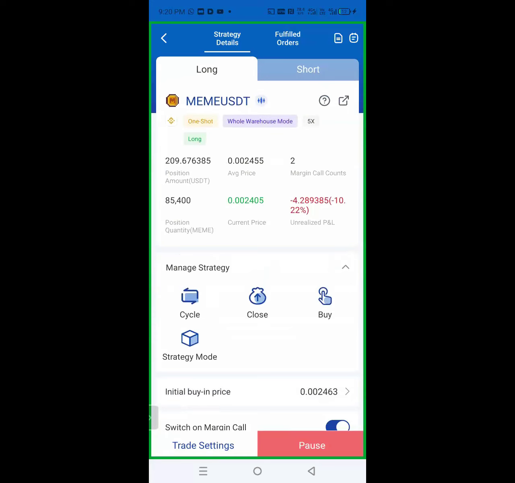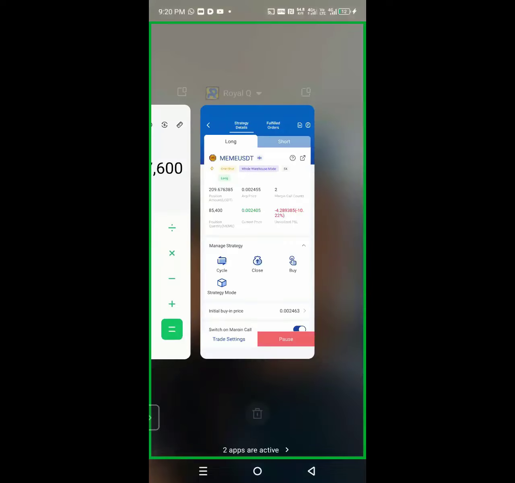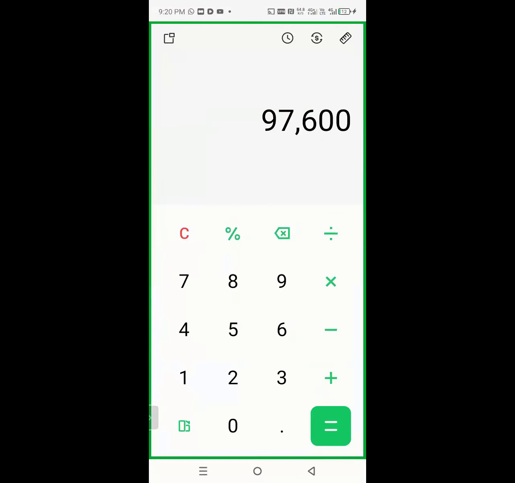So even with my $50, I should be getting more than this 97,600, because we are talking about this coin going down by minus 60%. So the value should be cheaper. My $50 should be able to buy more than this 97,600. You understand? That was why I did not use 97,600.